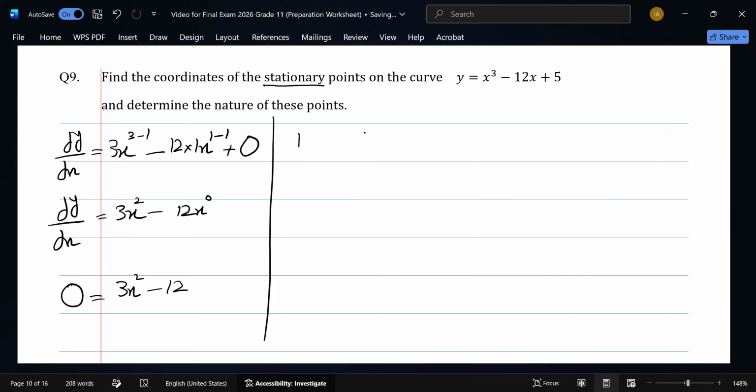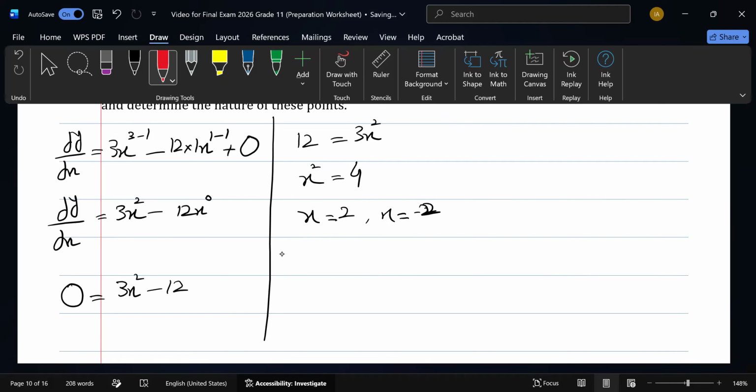It becomes positive. x squared is equal to 4, and x is going to be plus 2 and minus 2. But since we are looking for the coordinates of the stationary point, we must know the values of y. That's why we substitute each value of x in the original equation, one by one.